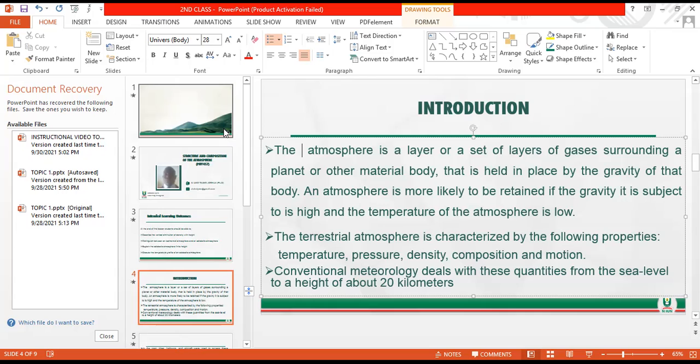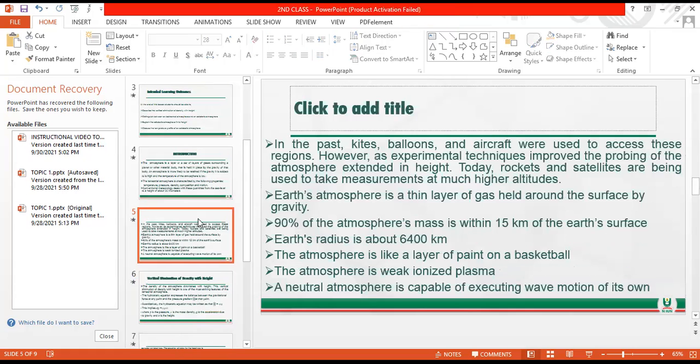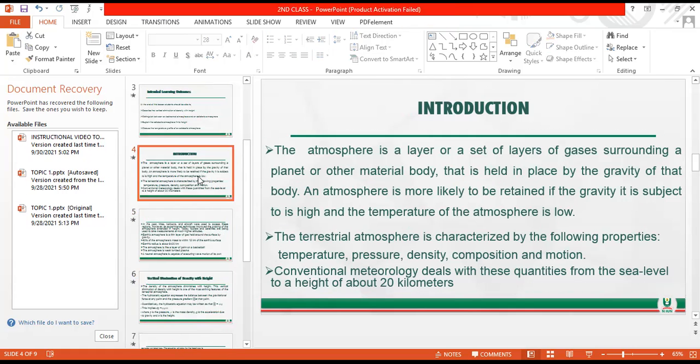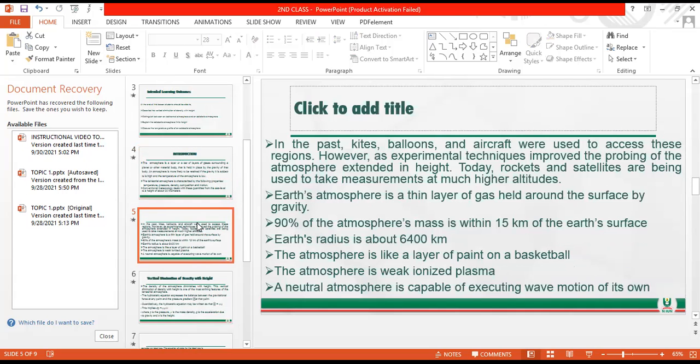What that means is that when we want to cover meteorology of the atmosphere, we are talking about the height from sea level to about 20 kilometers above the ground.